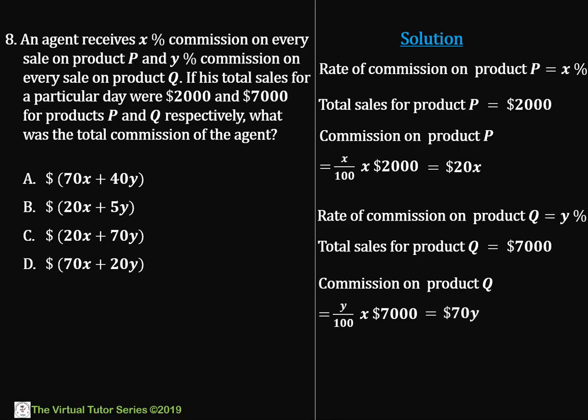Now, the total commission of the agent is the commission on product P plus the commission on product Q. That is, total commission is equal to $20X plus $70Y. Therefore, the correct answer is option C.